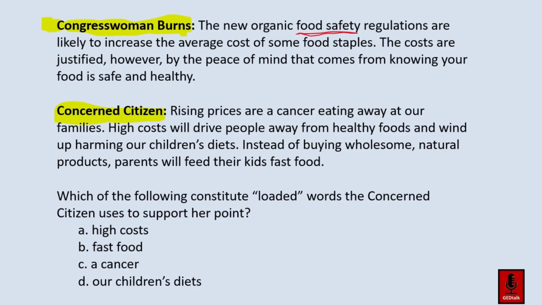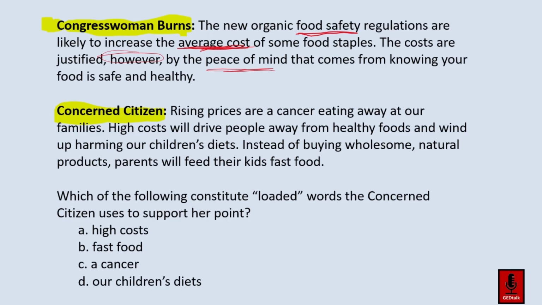And we see this because within the two sentences, she's saying it's justified. However, she's saying, but I know the costs are going up, you guys, but that's where we see however. It's okay though, because you'll get the peace of mind knowing that your food is safe and healthy.